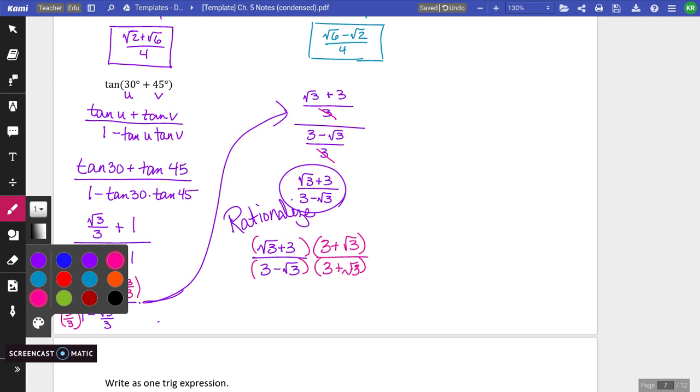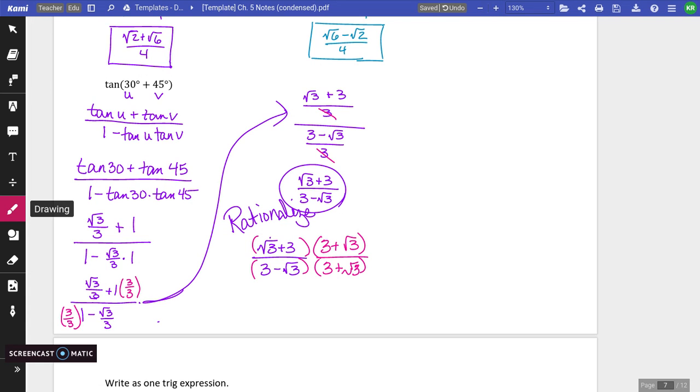Okay, you're going to multiply, so you're going to FOIL. That's going to be 3 root 3. Outsides is 3. Insides is 9. And lasts 3 root 3. Now distribute here.